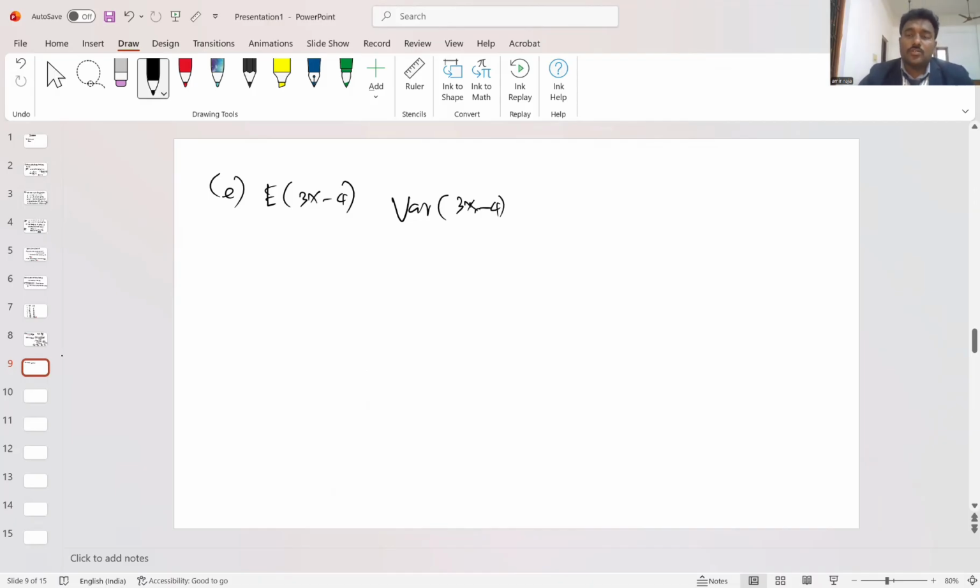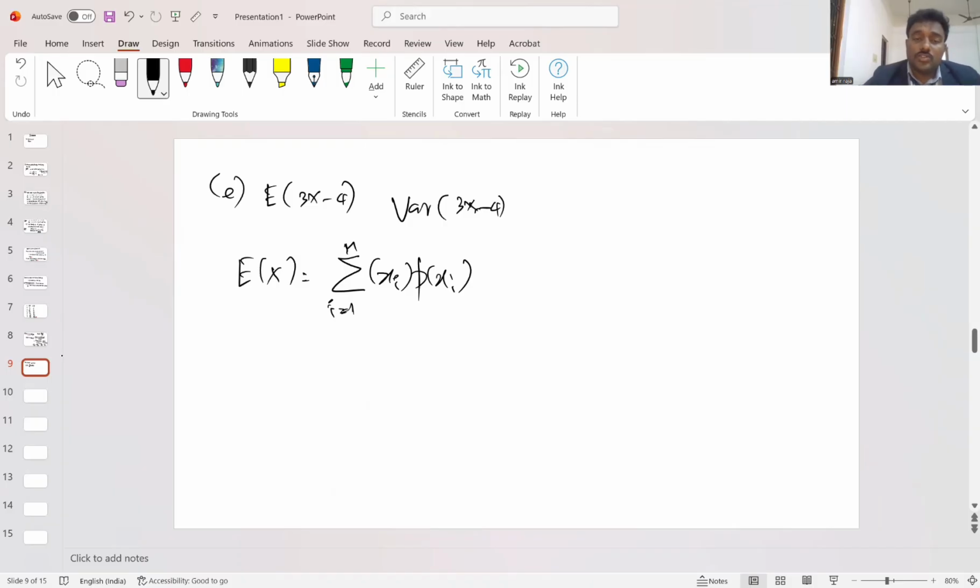So what is the expectation? We have a formula for expectation, which is the summation of xi into the probabilities of xi, where i runs from 1 to n.